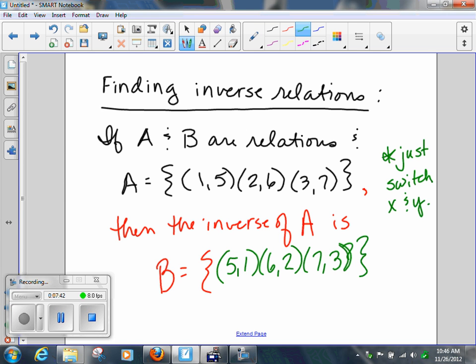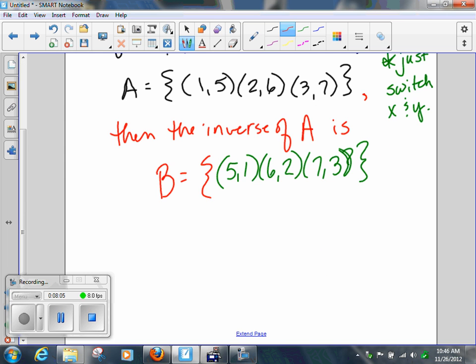Facile or difficile? Yeah, okay. This is easy. Just switch X and Y. Now, taking that a step farther, let's look at it. Is A a function? A is a function.